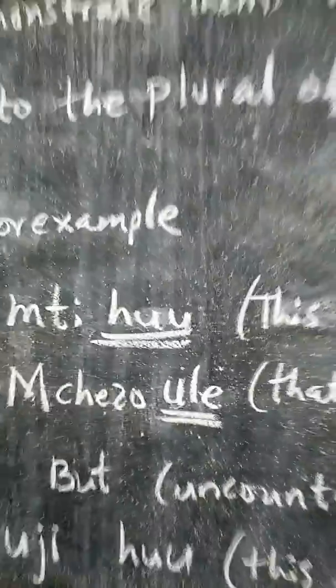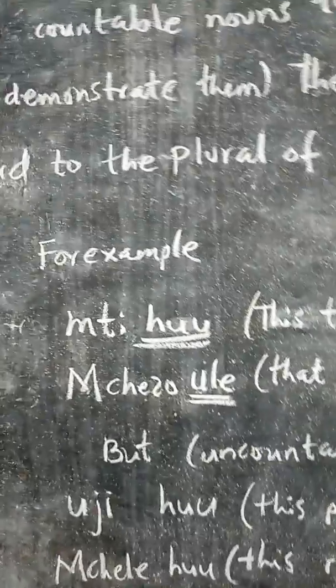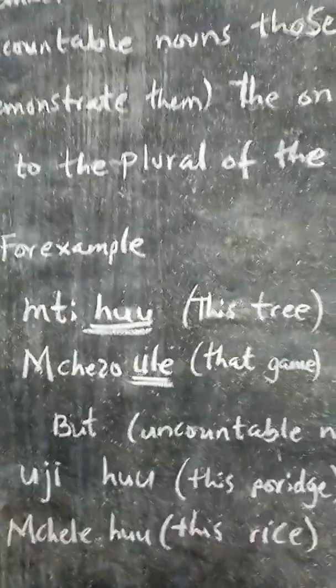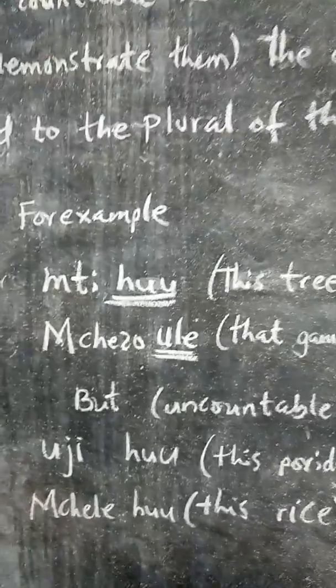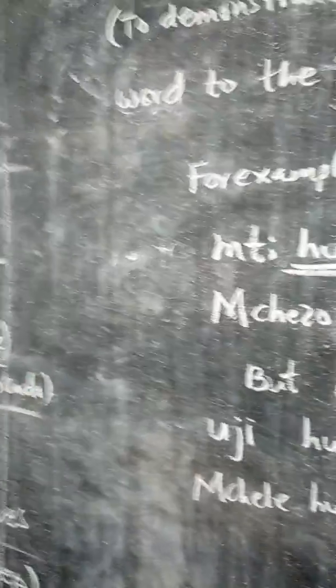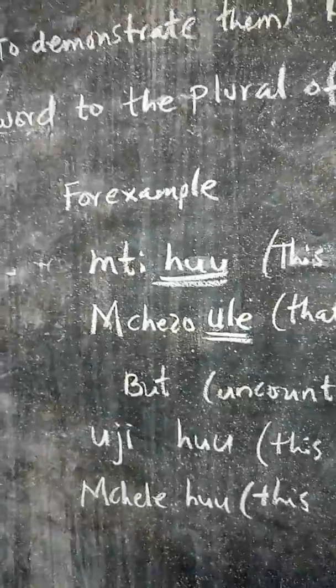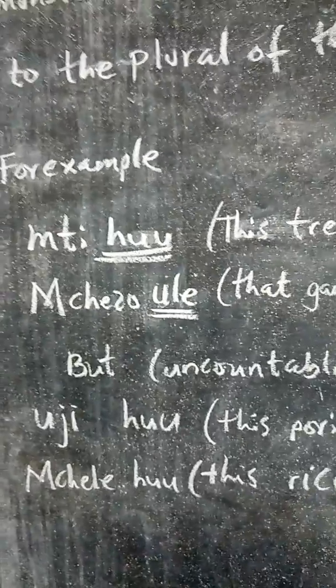Now let's have something to remember here. Remember that for the Swahili countable nouns, hu is applicable to demonstrate them, as we have seen. For some others too, hu is applicable. The only right demonstrative word for the plural of these nouns is hii.